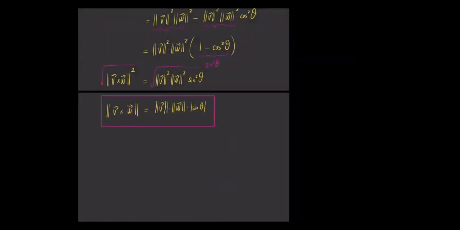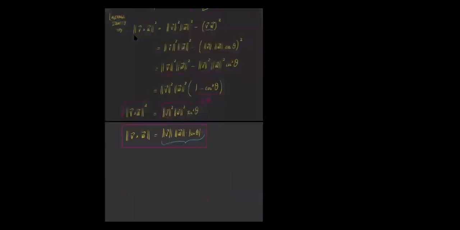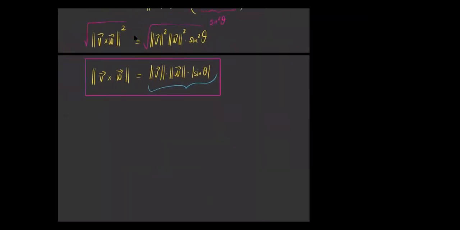So then what am I really describing here? I'm not just saying, hey, look, it's the formula. What also is the length, the norm of the cross product of v and w? What is that also significant of, geometrically speaking? Does anybody see that? No? What is the area of a parallelogram?